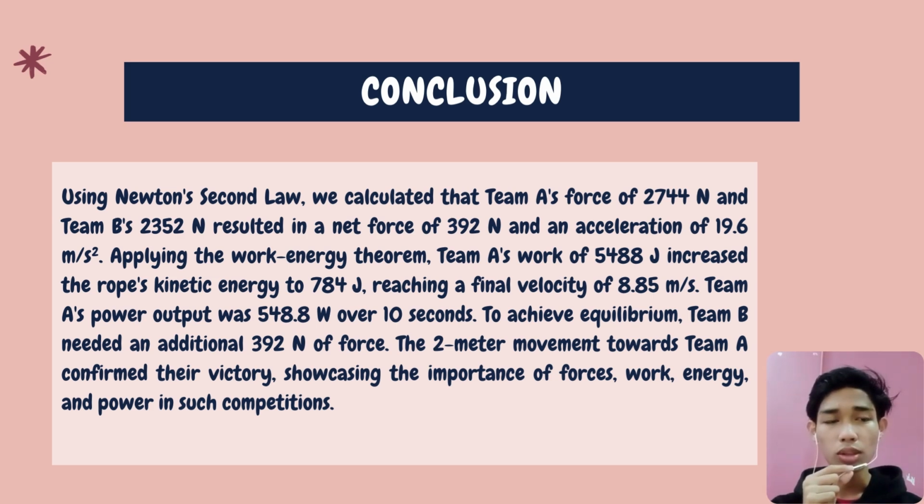Team A's power output was 548.8 watts over 10 seconds. To achieve equilibrium, team B needed an additional 392 newtons of force. The 2 meter movement toward team A confirmed their victory, showcasing the importance of forces, work, energy, and power in such competitions.